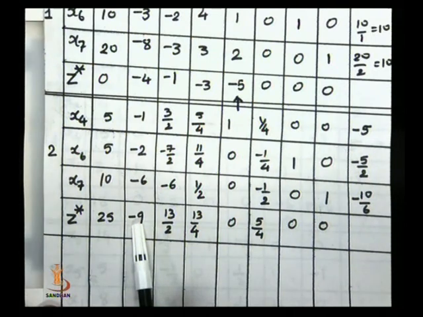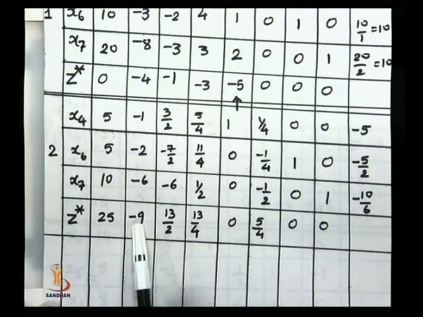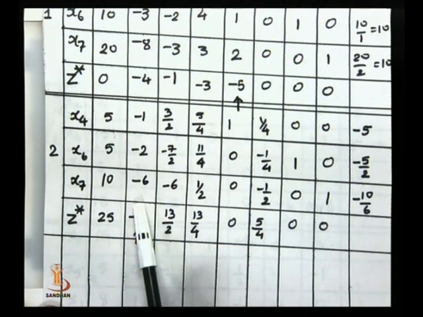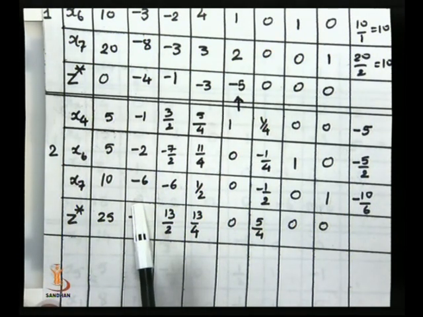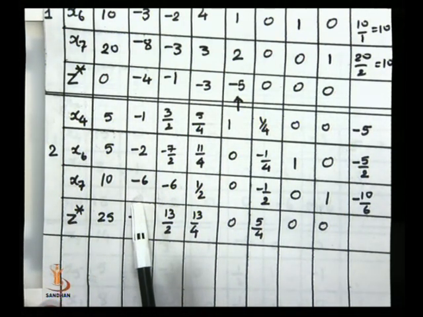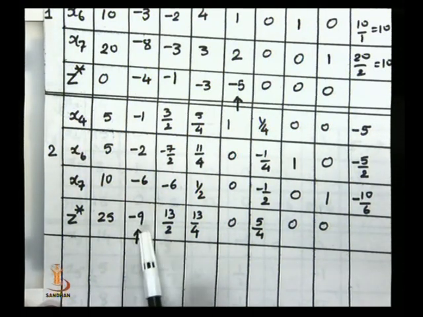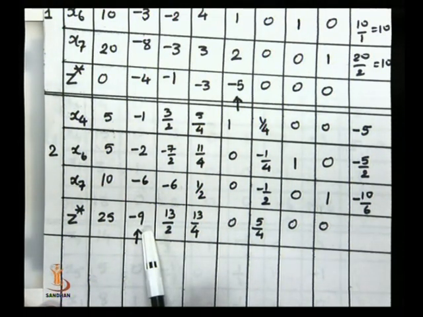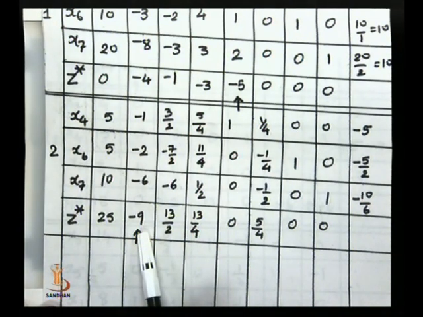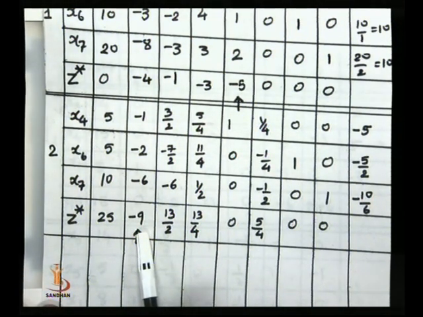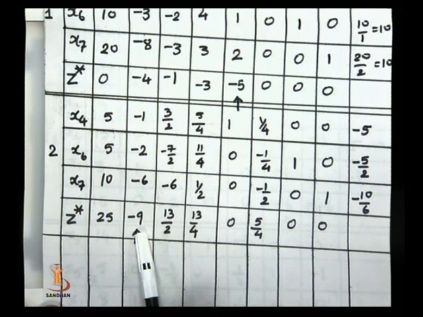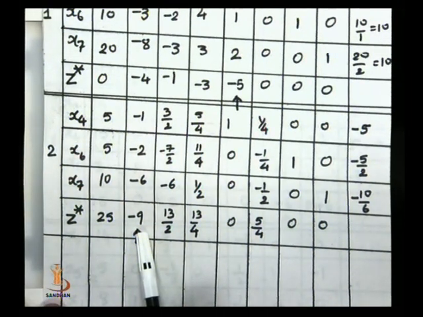And you observe very carefully that all numbers in this x1 column are negative. So because minus 9 is the most negative, the corresponding variable, which is x1, will be our incoming variable. It will enter into the basis.